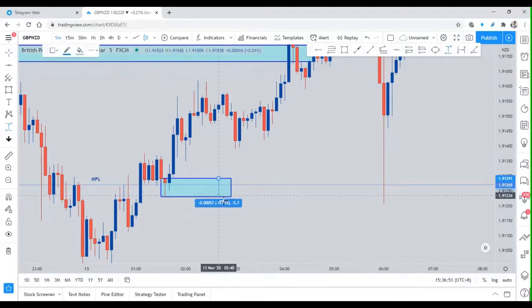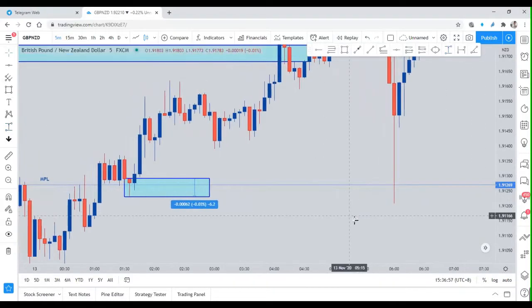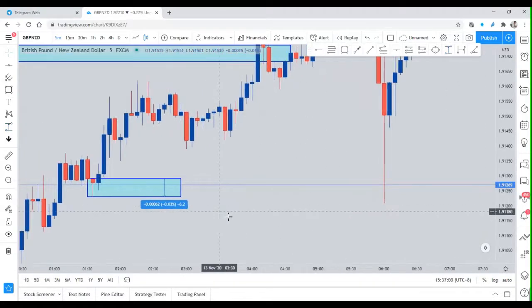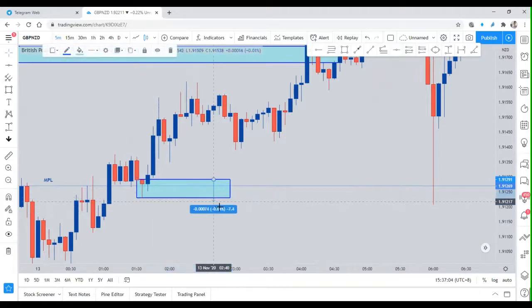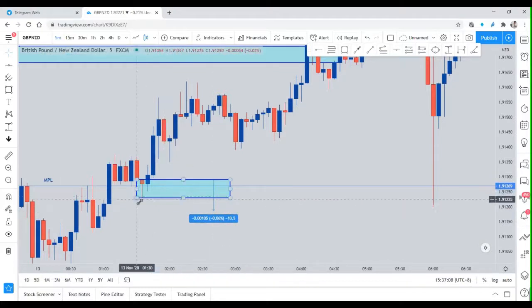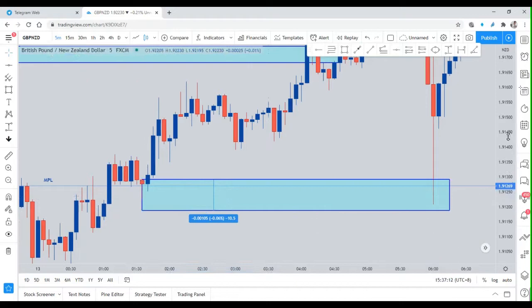Six pips. Six pips is too small. Even though it's 5 minutes, 6 pips is too small. Usually I'll enlarge it to 10 to 12. Let's see where is the 10, where is the 12. So around here, 10 pips. So this is how you do it.